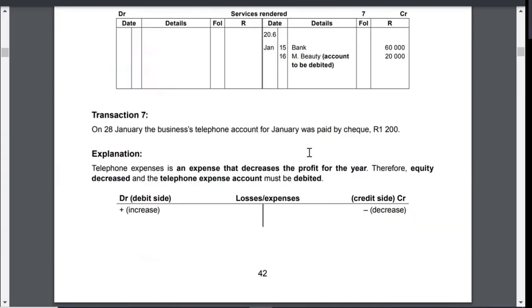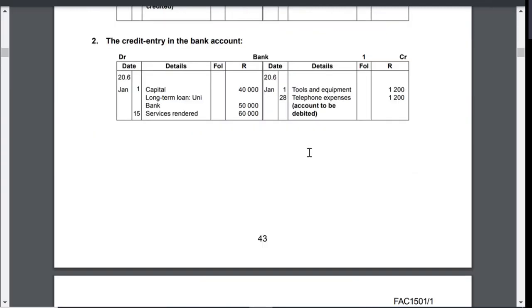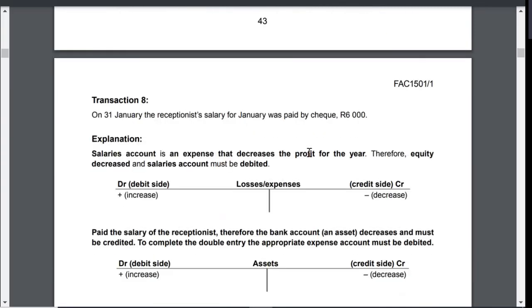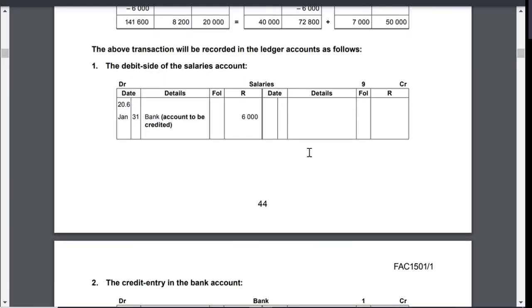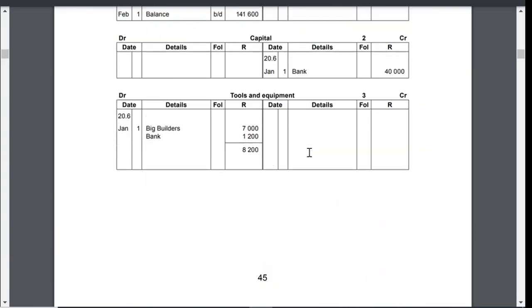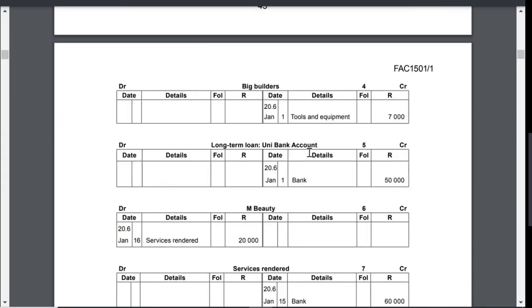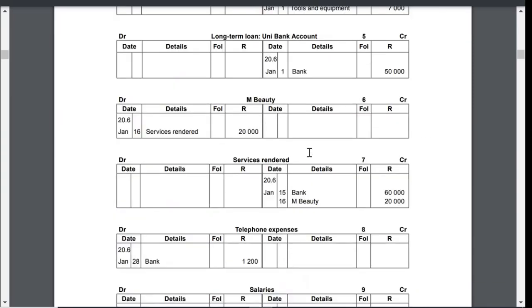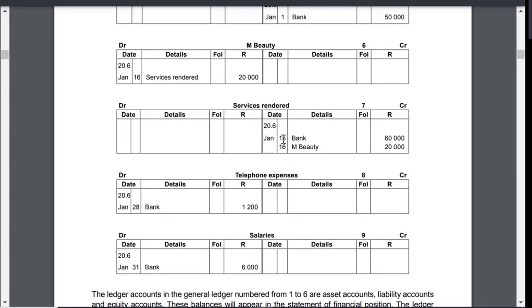Then when we look at the general ledger account, let's see how it looks. Service rendered, can you see we've got an additional 20,000.